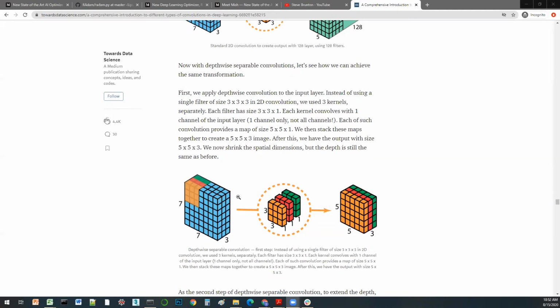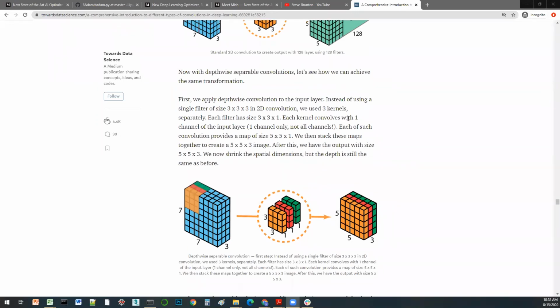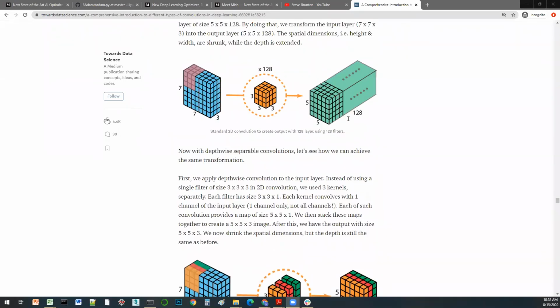The second channel of the image gets this 3 by 3 red filter, and the third channel gets the 3 by 3 green filter. In the original block, the 3 by 3 by 3 in orange, you had copied each matrix on top of the other, so there were 3 copies of a single 3 by 3.